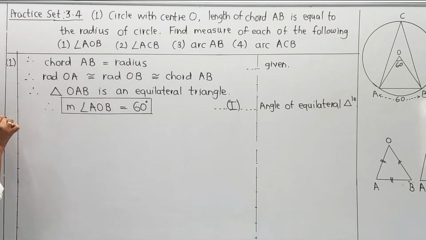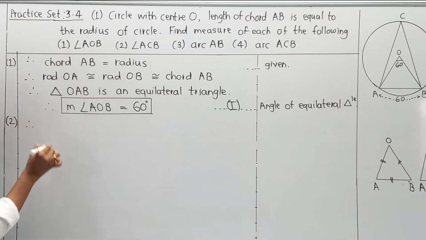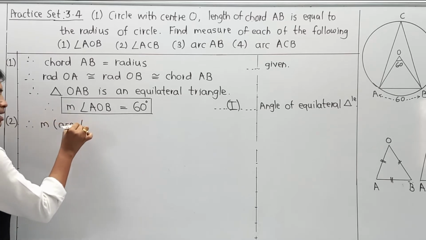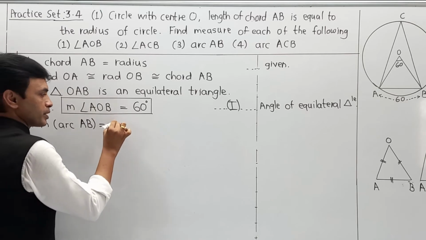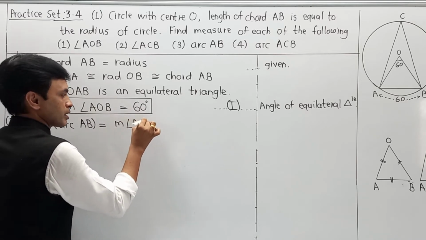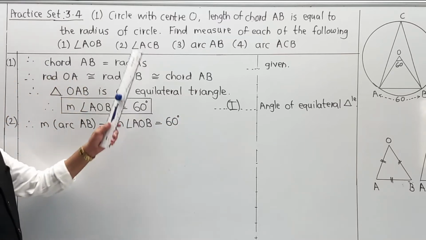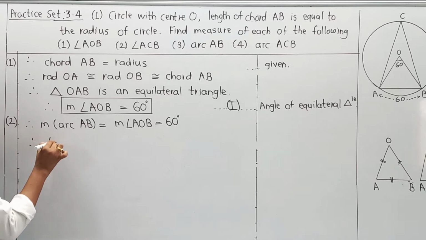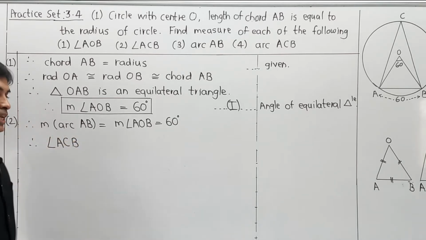So, the second part. First of all, from central angle to arc: therefore, measure of arc AB is equal to measure of angle AOB, that is equal to 60 degrees. Therefore angle ACB, this is nothing but a circumferential angle.